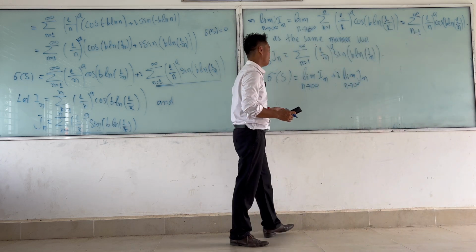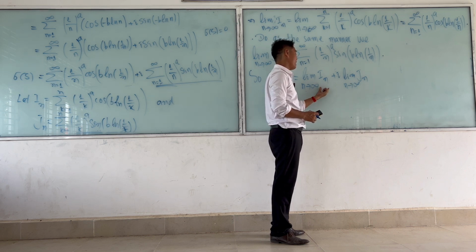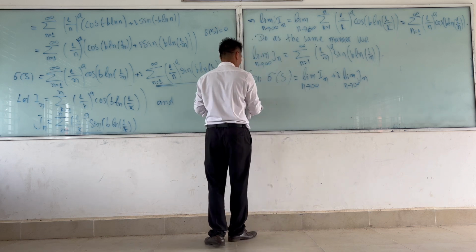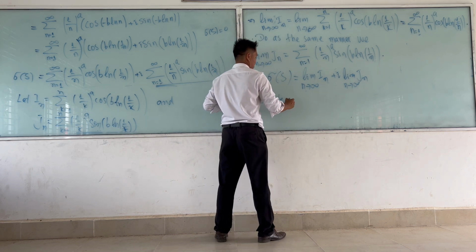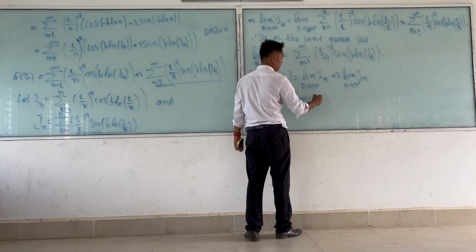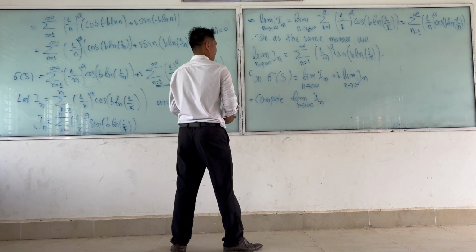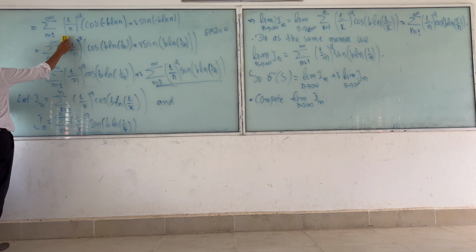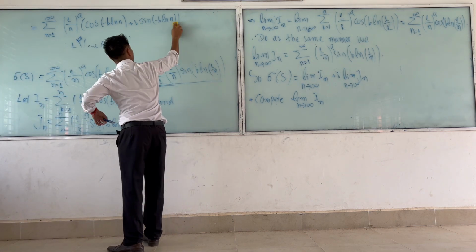Okay, so now let's compute the limit as n goes to infinity of In and the limit as n goes to infinity of Jn. First, I compute the limit of In. I got it here to get the space for writing.